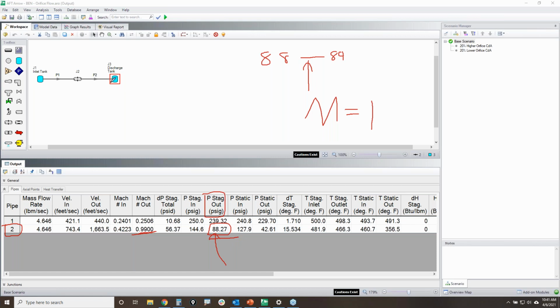So that's what this means. Your pressure at the pipe is 88 psig, and then immediately downstream, once it flows into the atmosphere, there's a pressure drop of basically 88 psi across your shock wave. And so that is our choked pressure drop.